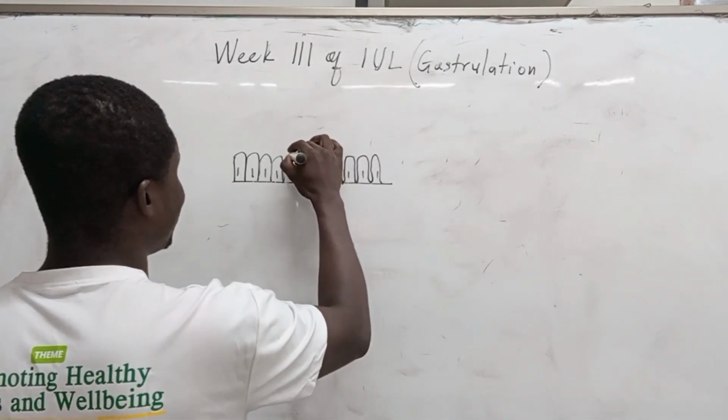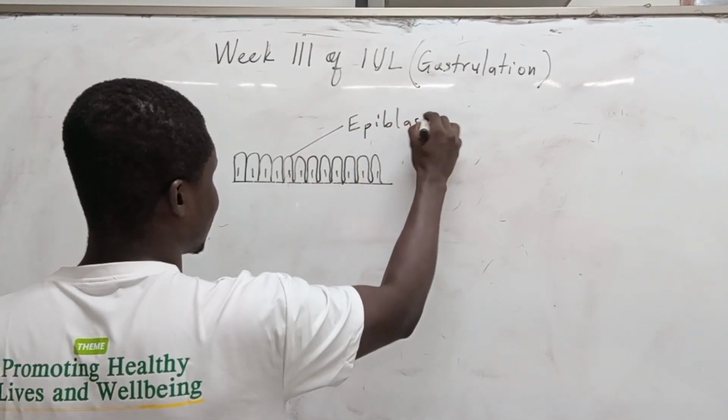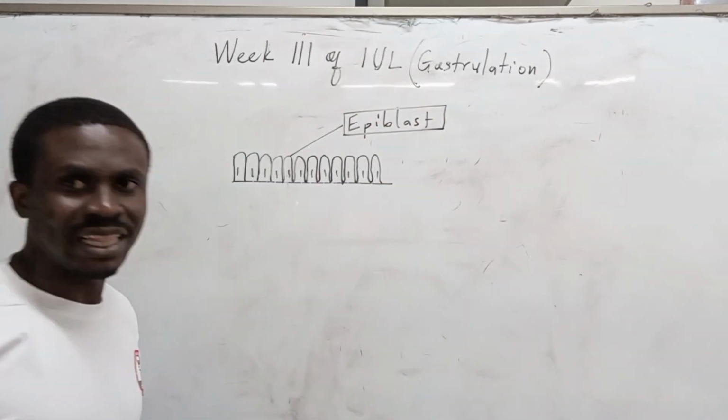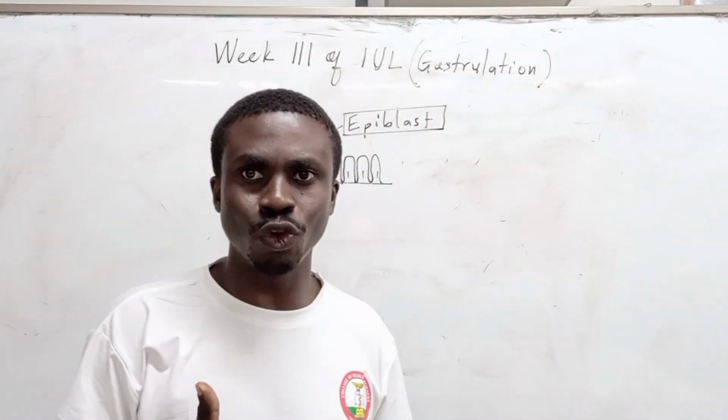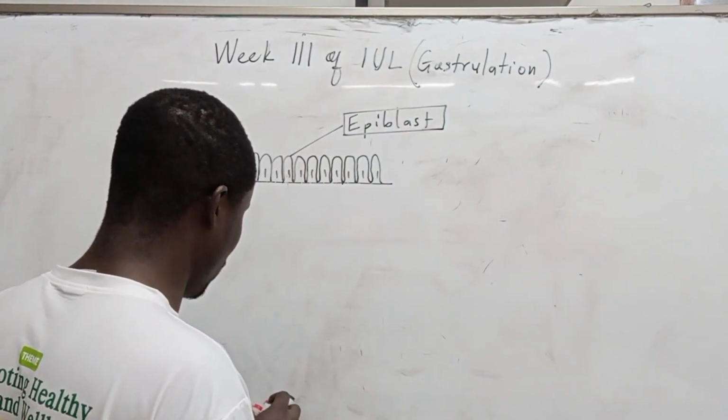So this is the epiblast, and then we said below that population of cells will be what we call the hypoblast.